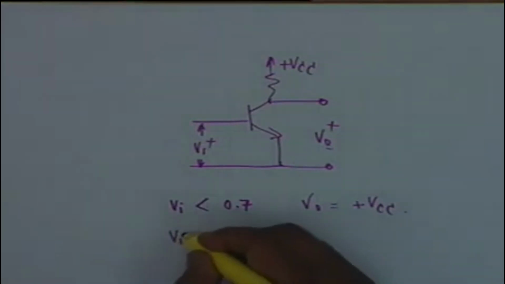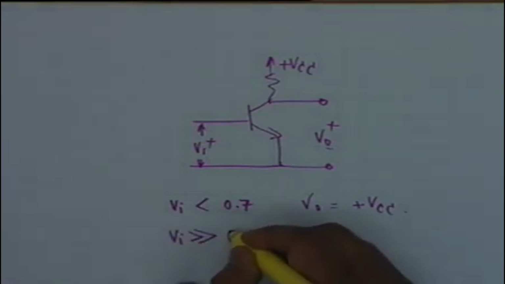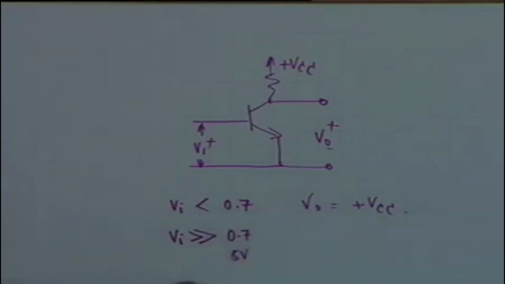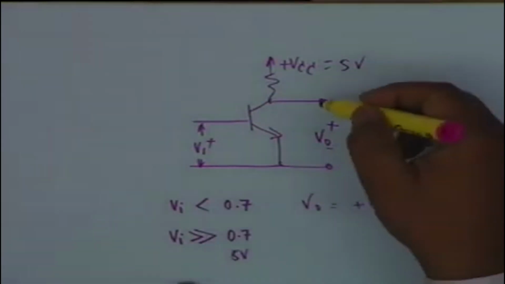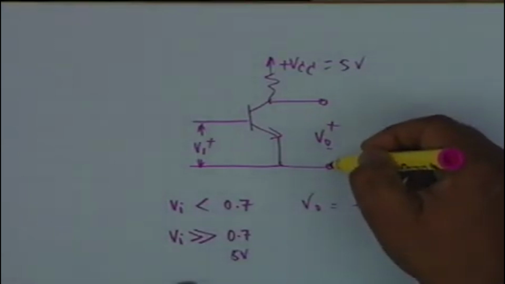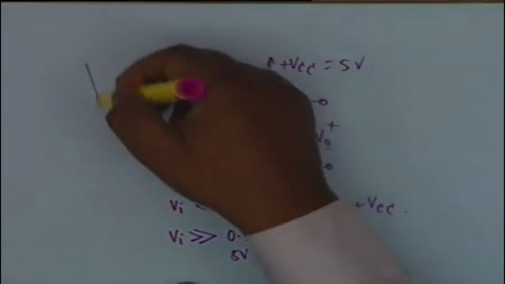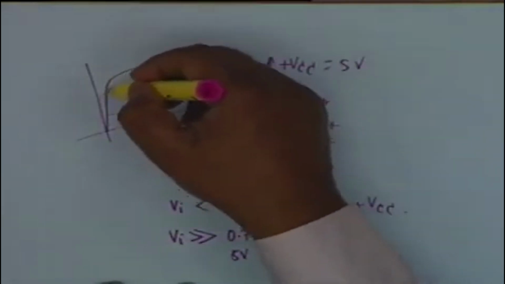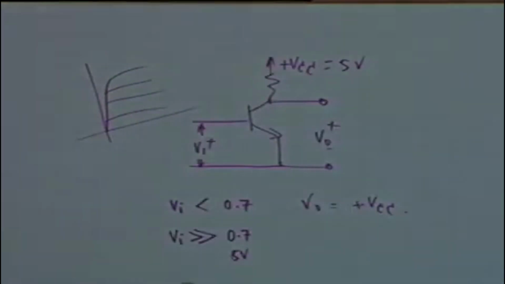On the other hand, if Vi is much greater than 0.7, maybe 5 volt, VCC can also be 5 volt, then the transistor conducts very heavily, and this voltage would be very low. And if you recall the transistor characteristics, if the transistor conducts very heavily, then naturally you might go into this part of the characteristic, which is saturation characteristics.